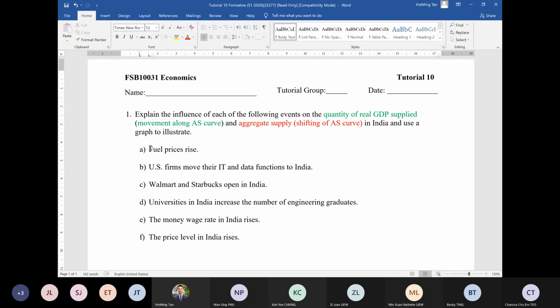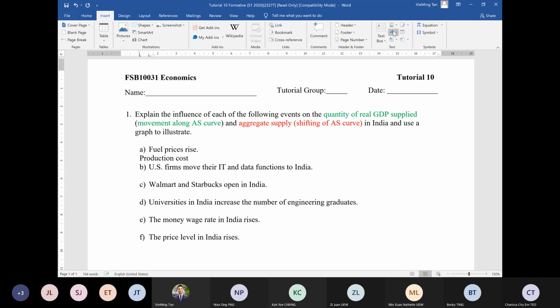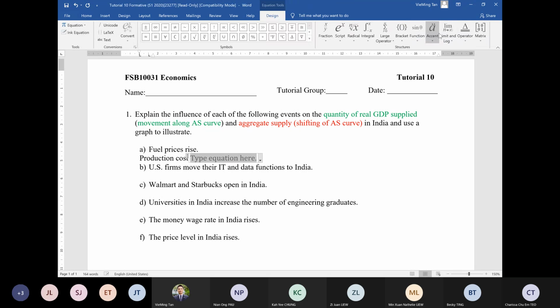Not only delivery cost, some of the cooking material, the production materials can also increase as well due to the fuel price increasing. So that means if the fuel price is increasing, the production cost is increasing, right? I think I should just use the symbol.